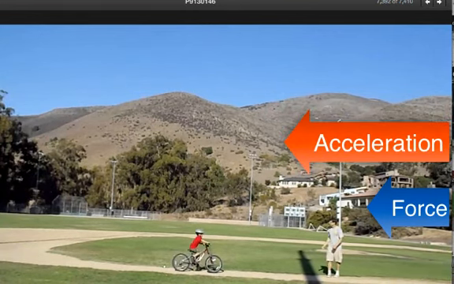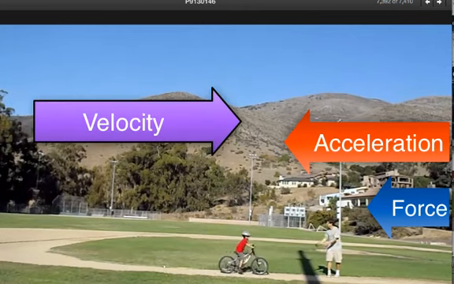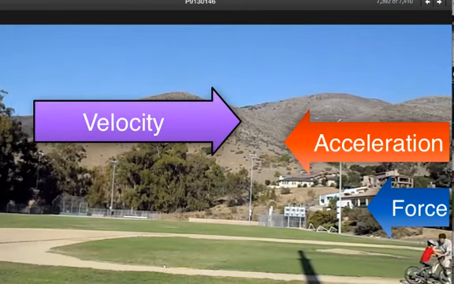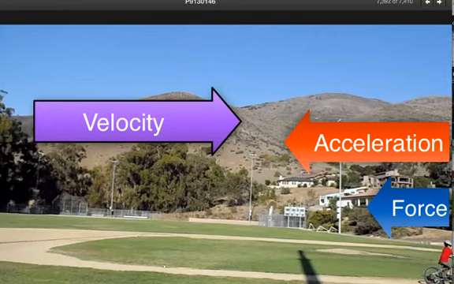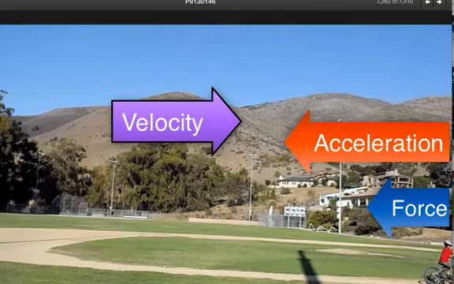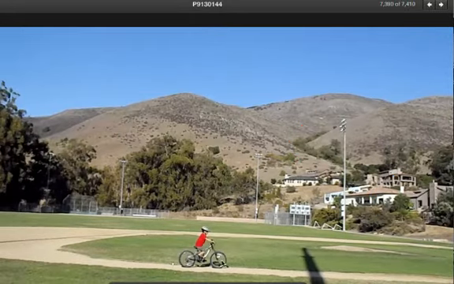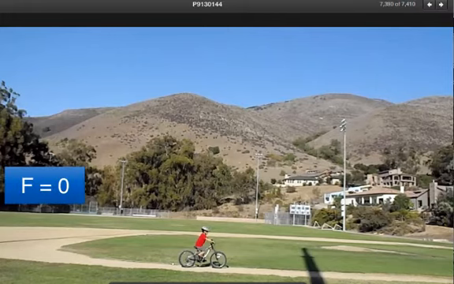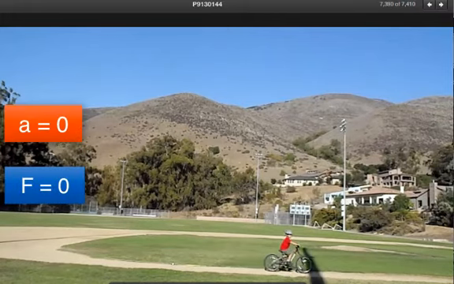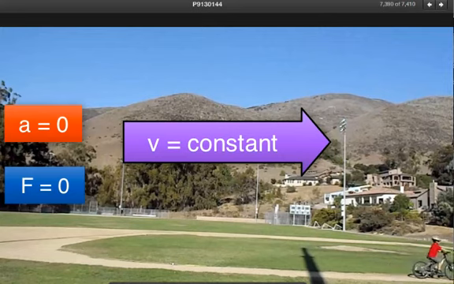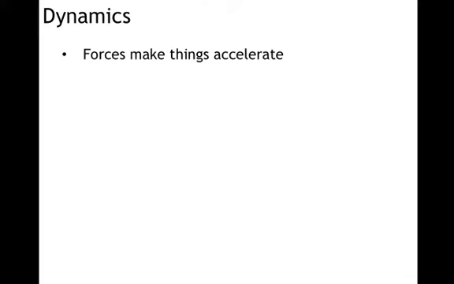Let's see that again. His velocity is still to the right, but the acceleration is to the left, reducing his velocity. And if there's no force, that is, if the force is 0, the acceleration is 0 and we continue at a constant velocity. Dynamics simply means when you put a force on something, it's going to accelerate, or we know F equals ma.